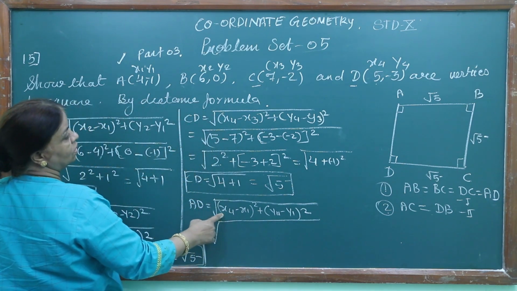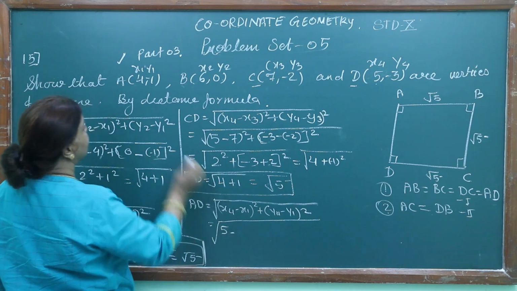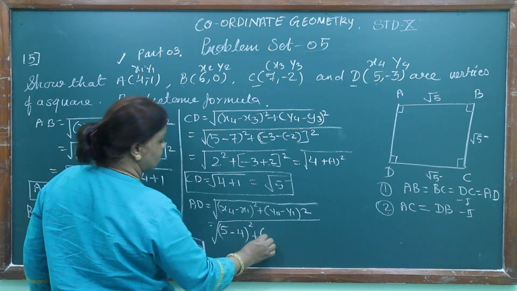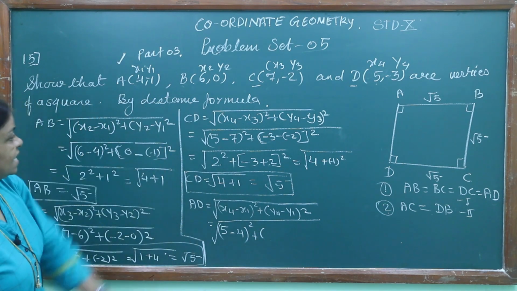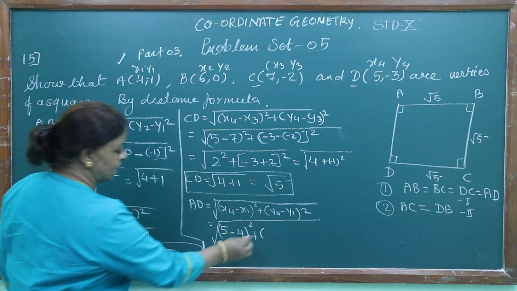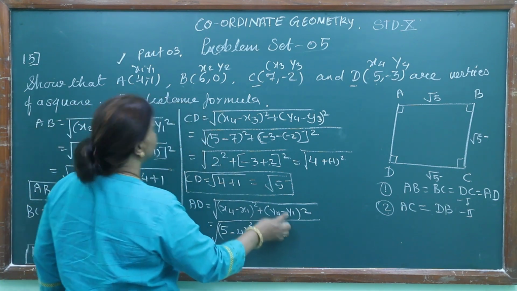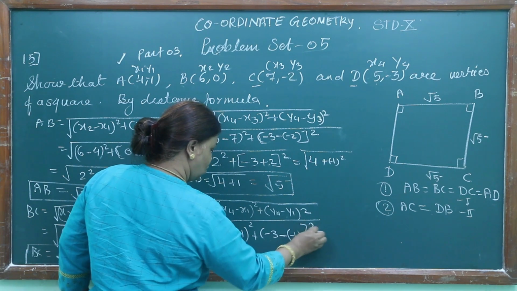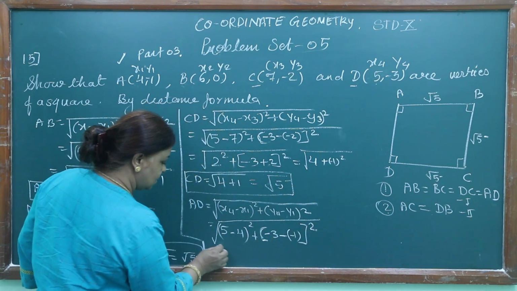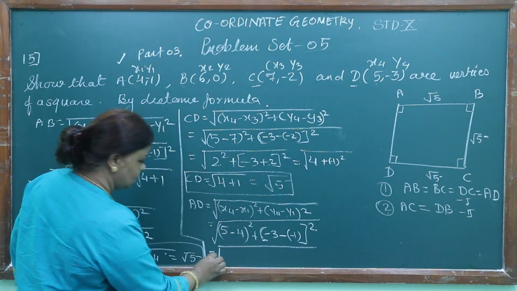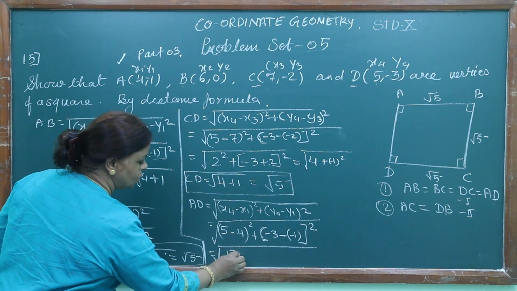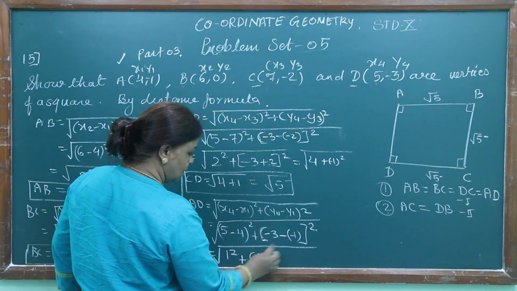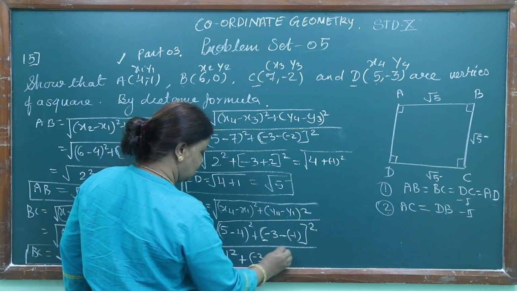What is x4? 5 minus x1, 4, square, plus y4 minus 3. See, you can see there y4 is minus 3, and then minus y1, minus 1, the whole square. Now subtracting. 5 minus 4, 1 square, plus minus 3 minus plus 1, the whole square.